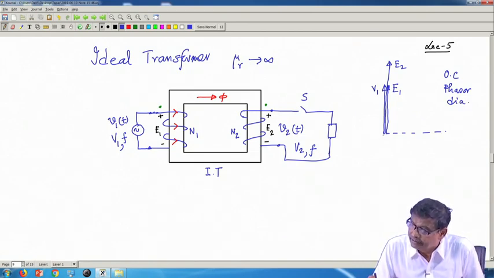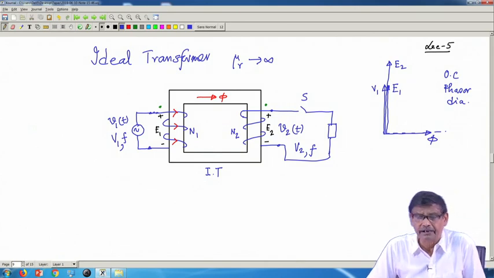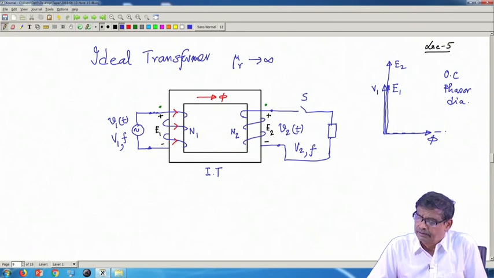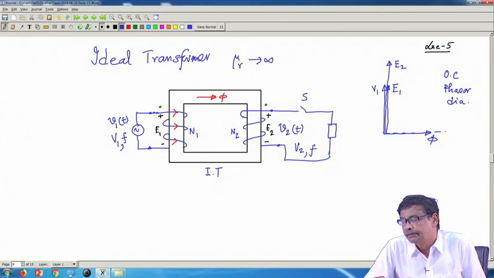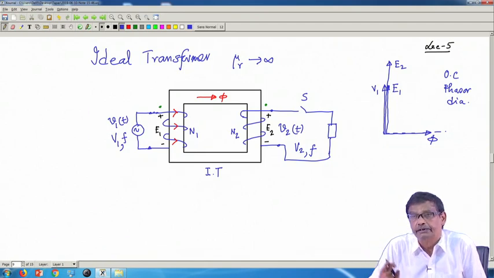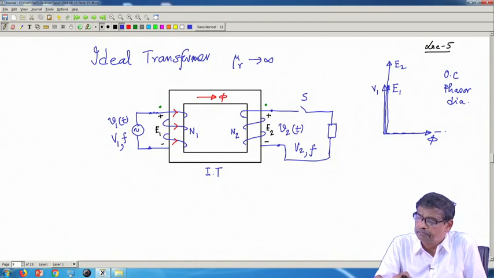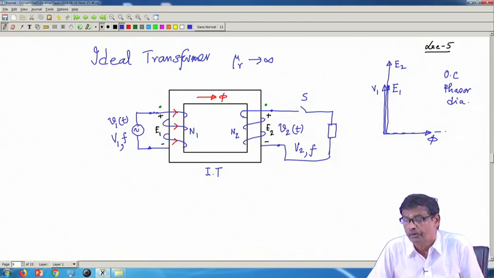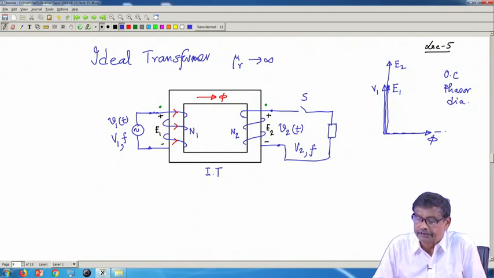Of course, magnetizing current is 0, but flux is here, is it not? Because after all, in a purely inductive circuit, whatever little magnetizing current is drawn will be 90 degrees lagging the applied voltage, and therefore phi will be here. Phi is finite, because you are using the very best material having mu r tending to infinity. So, this is the open circuit phasor diagram.